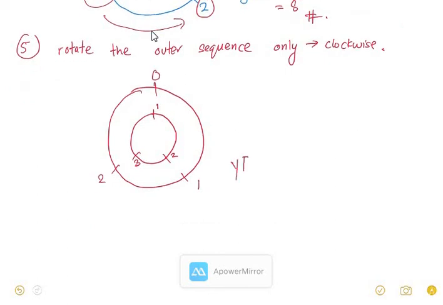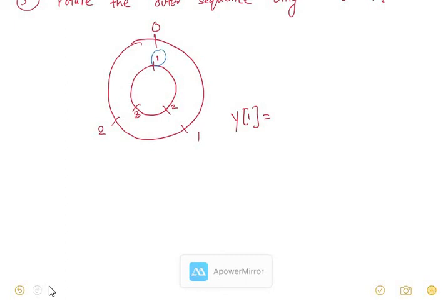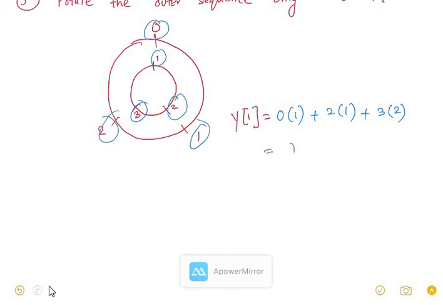So y1 equals what? y1 equals 0 times 1, plus 2 times 1, plus 3 times 2. So you get 8.